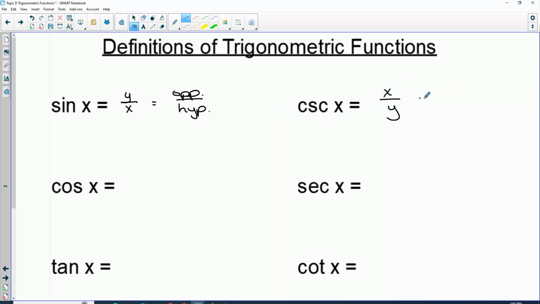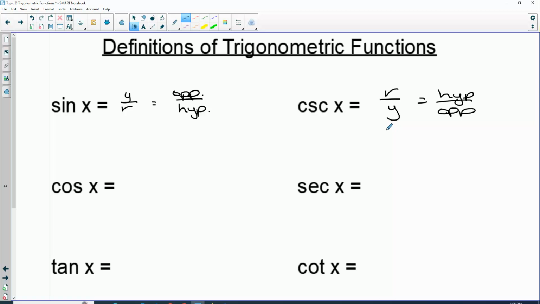R over y or hypotenuse over opposite. Oops, why did I put y over x? I was doing tangent. Sorry. Y over r. R is the hypotenuse. When you get to the test, I will only remember y over x. That's tangent.